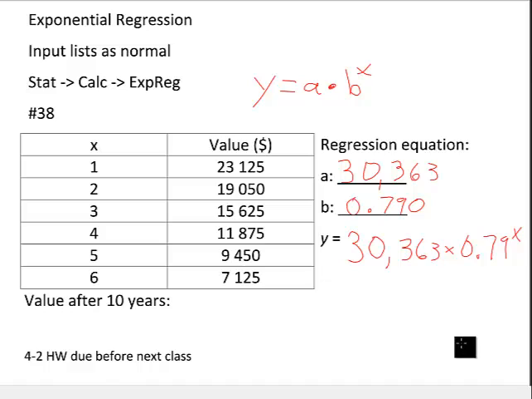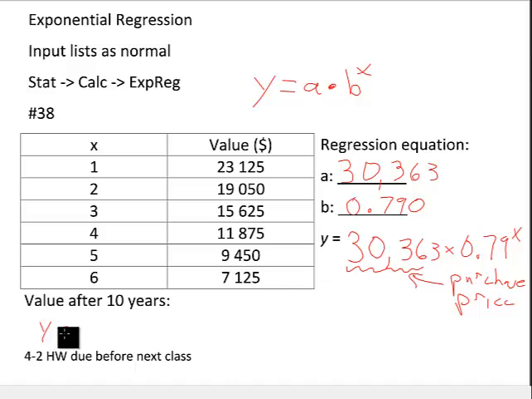So the first question was to estimate the purchase price of the sedan. Well, when it's purchased, the sedan is 0 years old. So if you plug 0 into this, 0.79 to the 0 power is just 1. So this right here is our purchase price. Okay, so there's all that. We also need to keep in mind that we need to find the value after 10 years, so that's not so bad.